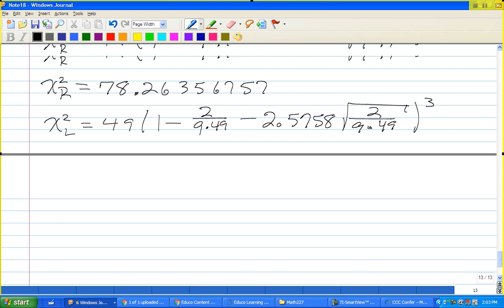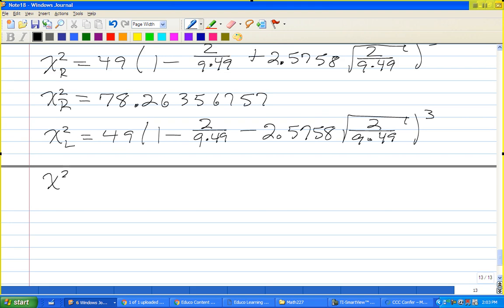And so chi-squared for the left is equal to 27.21534493.